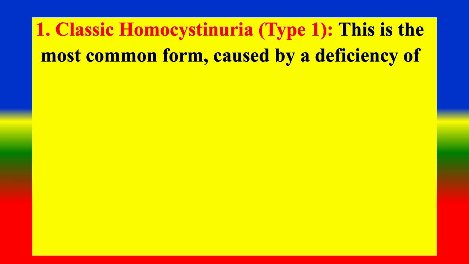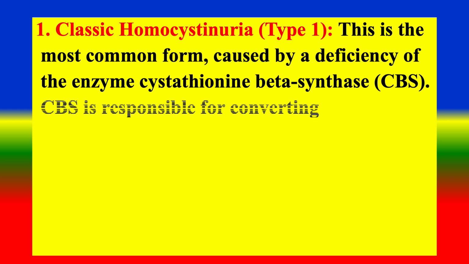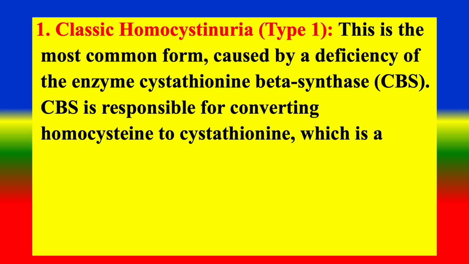This is the most common form, caused by deficiency of the enzyme cystathionine beta synthase. CBS is responsible for converting homocysteine to cystathionine, which is a precursor of cysteine.